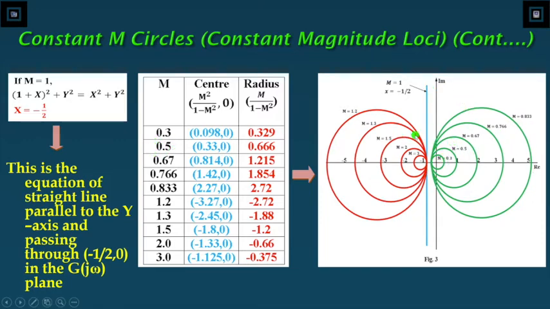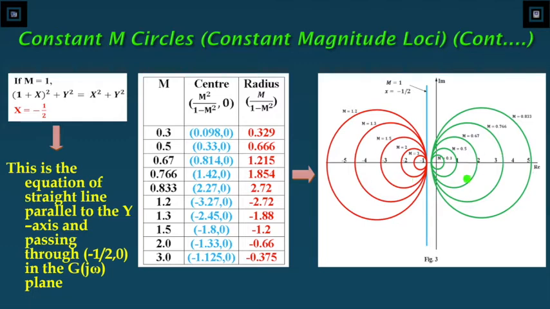If this is 0.5, this is the next M circle, and so on. Similarly, when m equal to 1.2, this is another M circle. This center is on the negative side and this radius is 2.72. So we have seen that the loci are symmetrical with respect to m equal to 1.